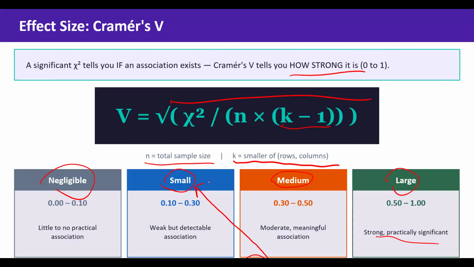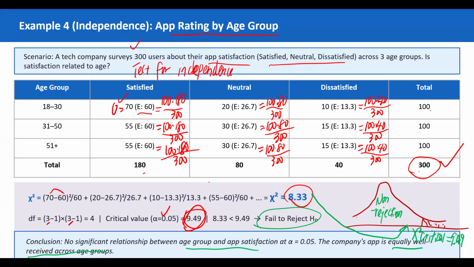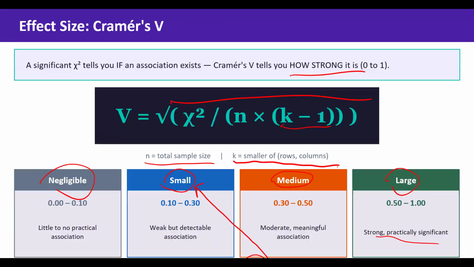We can try another one, right? Try the one we just did. Here the row and the column are the same, so N is 300, and K is 3, and the chi-square is 8.33. So going back here, using this formula, the square root of 8.33 over 300 times 2. That's going to be square root of 8.33 over 600.